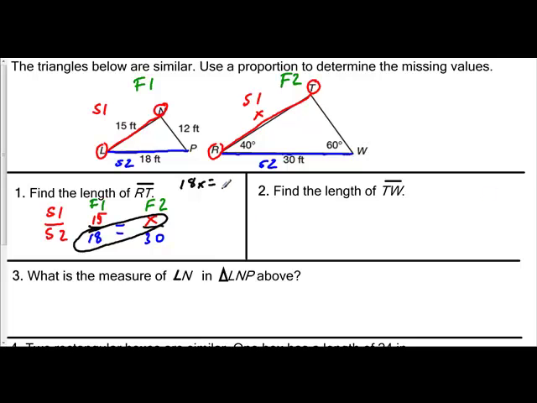And 15 times 30 is 450. Now I have to undo multiplication by division so I can isolate this variable. I'm going to divide both sides by 18. That cancels out, and I'm left with X equals 450 divided by 18. And 450 divided by 18 equals 25.